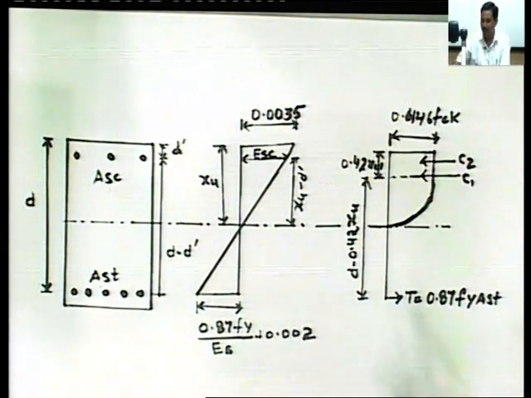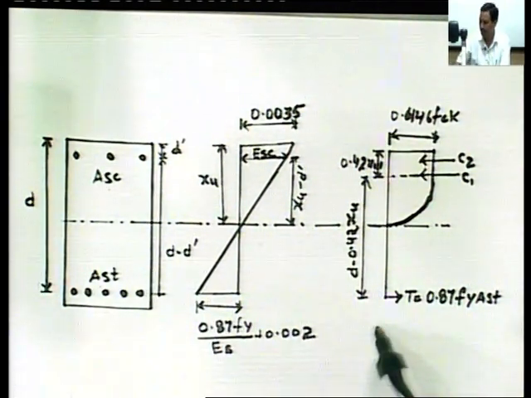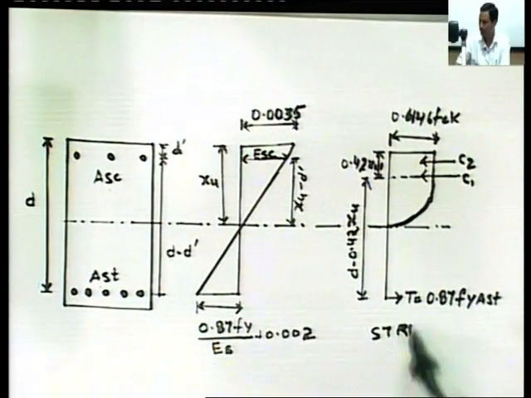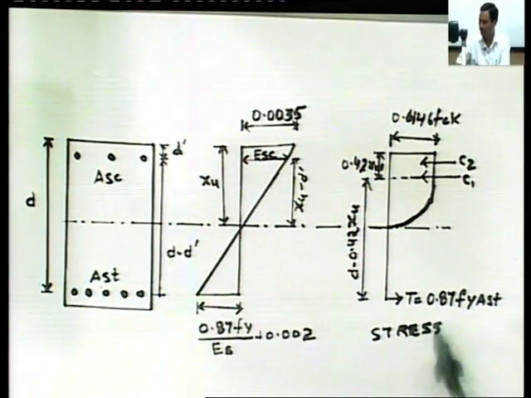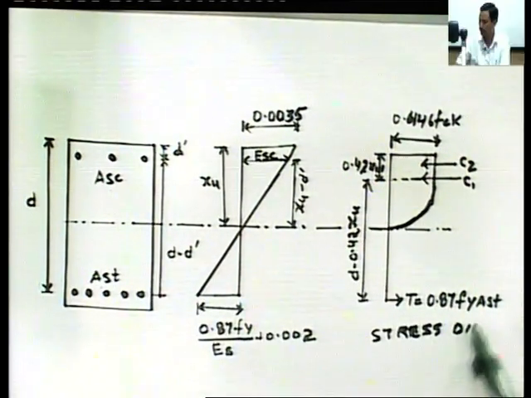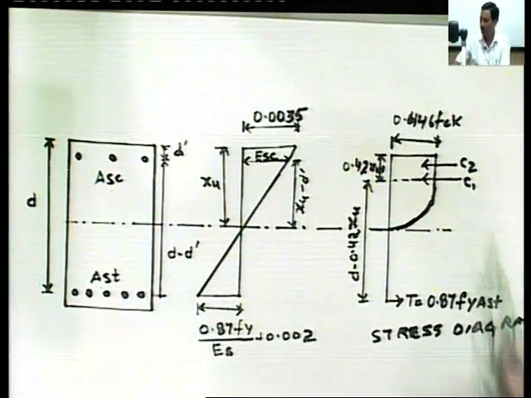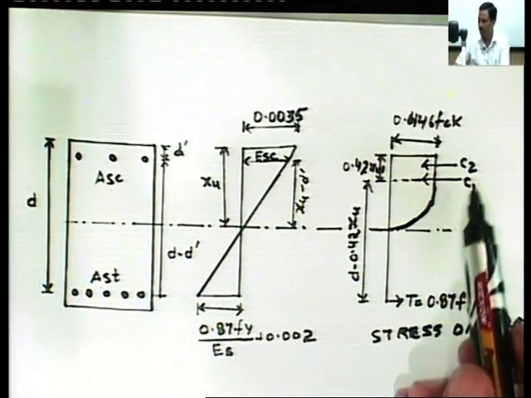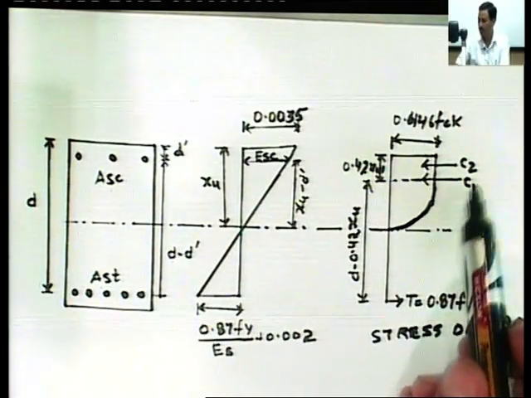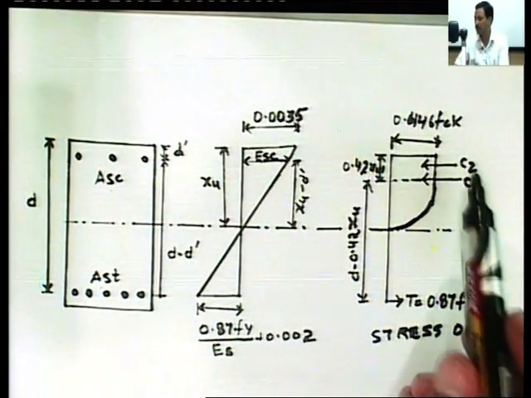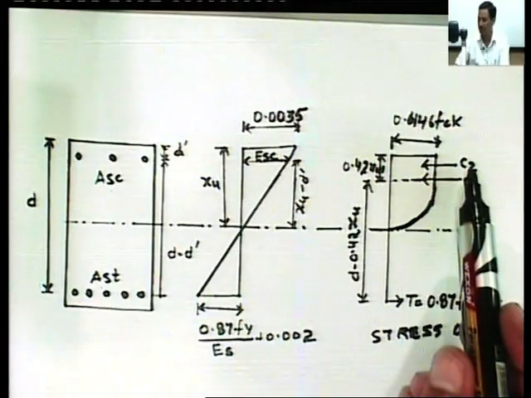So, this is the stress diagram. Here C1 is the compressive force carried by the concrete area, and C2 is the compressive force carried by the compression steel.